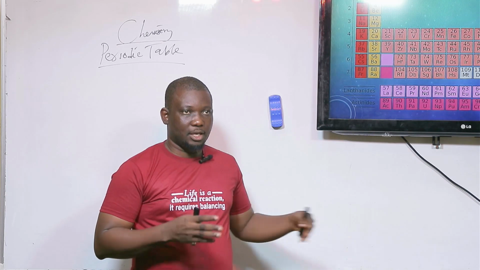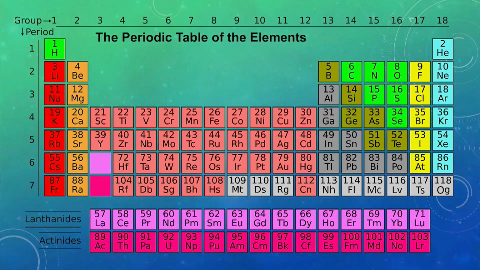Now see that there's an interjection between group 2, that's after group 1, group 2, and group 13. But if the transition or block elements are not in that particular position, how many columns, how many groups are you going to have? It's going to be just 8 groups, with the inclusion of group 0, which we call group 8.